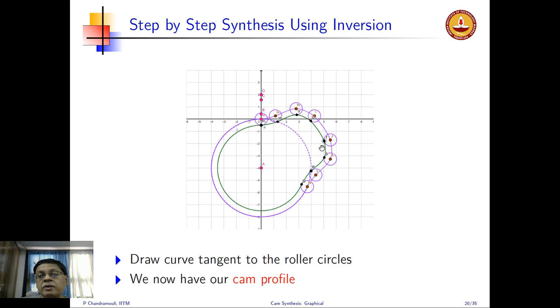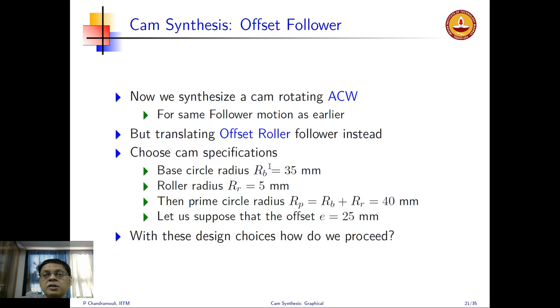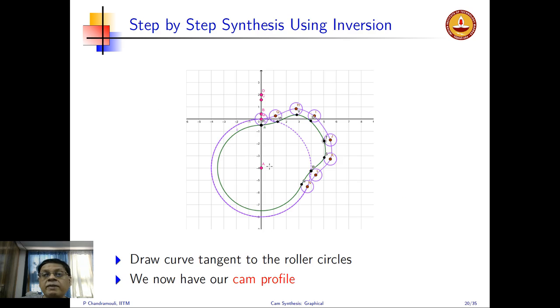So effectively, we have now designed a cam, and when this rotates anti-clockwise, and of course remember that the follower is actually going to be here in the real situation, the cam is going to rotate anti-clockwise, and then it will move back and forth. So I will stop here, and what we will do in the next lecture is to basically do the same process for a follower which is offset from the center, right?